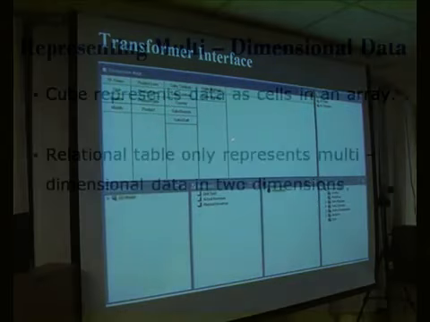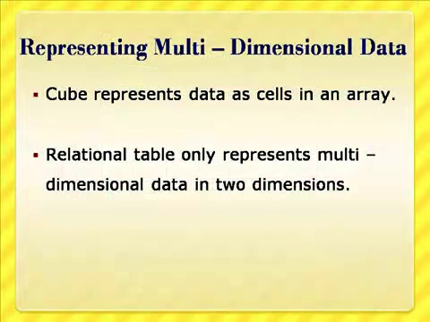To extend the discussion for your question, since this is an abstract concept, I would also like to extend the discussion by representing the data physically in both forms. If you take a two-dimensional representation, a cube represents the data as cells in an array, whereas a relational table, as you know, only represents multi-dimensional data in 2 dimensions.